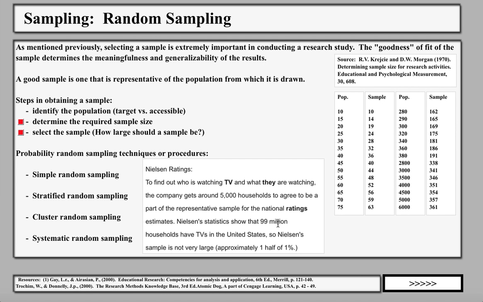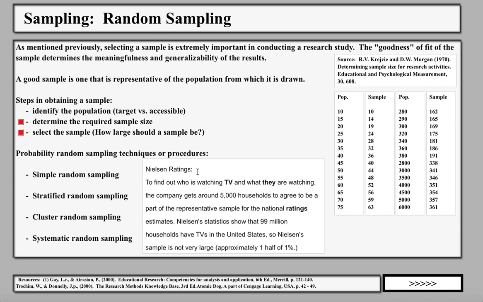So it's a very, very small sample size. In fact, it's approximately 0.5%. But it is so representative that they get very valid results. In fact, advertisers spend billions and billions of dollars each year based on the Nielsen ratings.